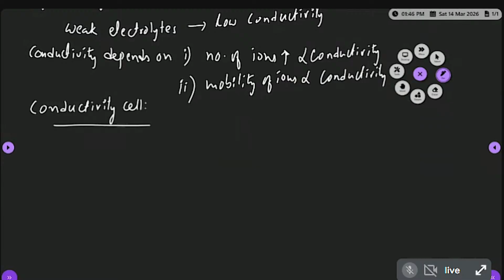It is an instrument which measures the conductivity of the solution.